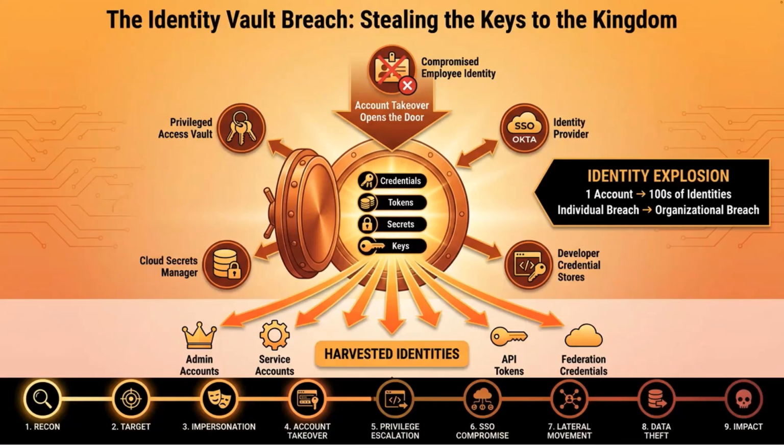Once these credentials, tokens and secrets are stolen, you have access to everything: admin accounts, service accounts, APIs, and federated credentials that allow you to jump from on-prem to cloud. In other cases, like MGM, the hackers stole the identity of an Okta operator with admin privileges, and then they just used this identity. They didn't hack, they logged into a server that syncs between Okta and on-prem Active Directory.